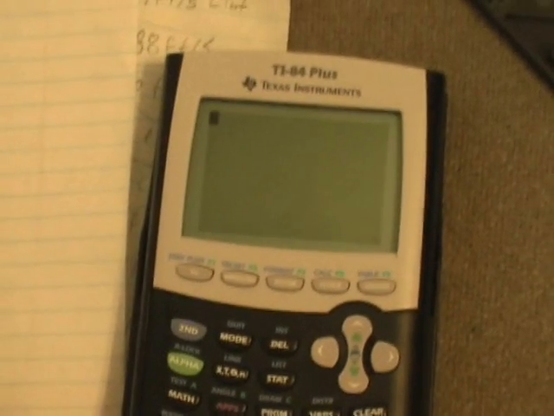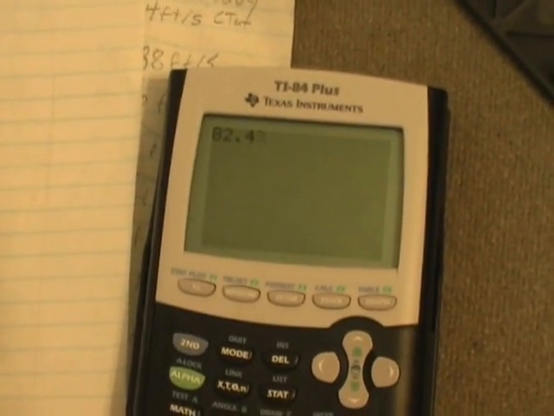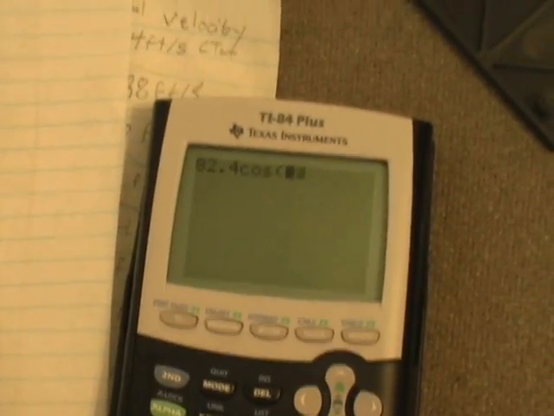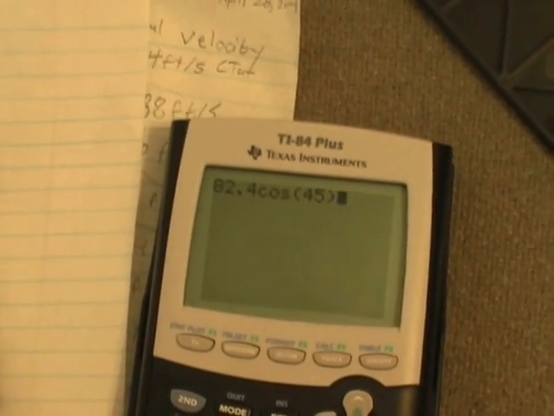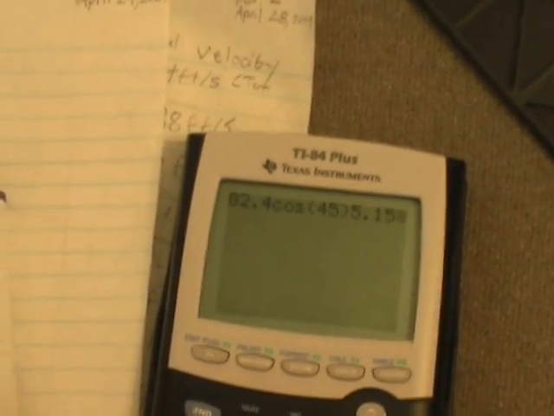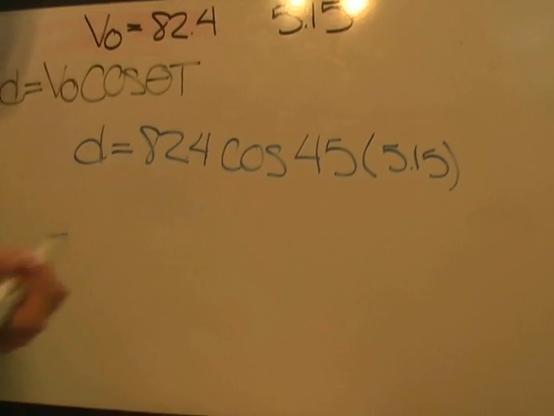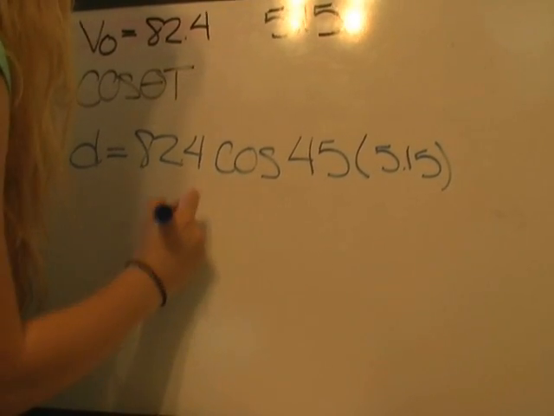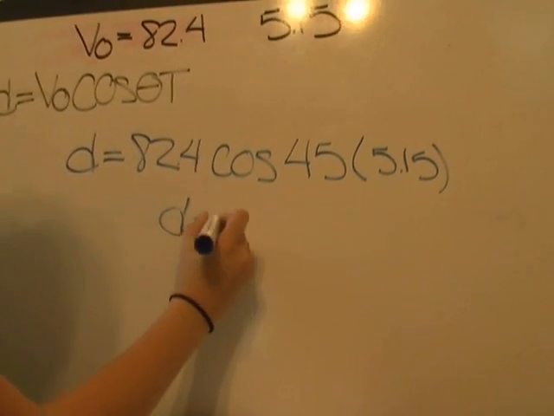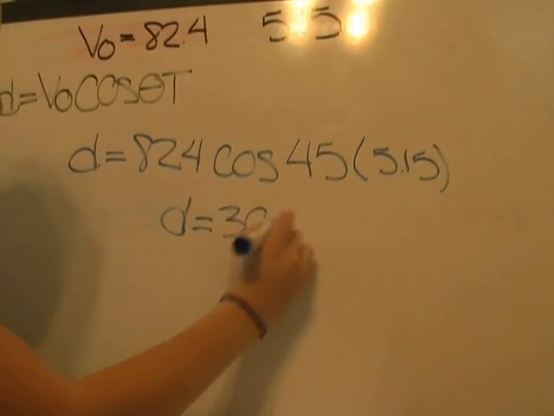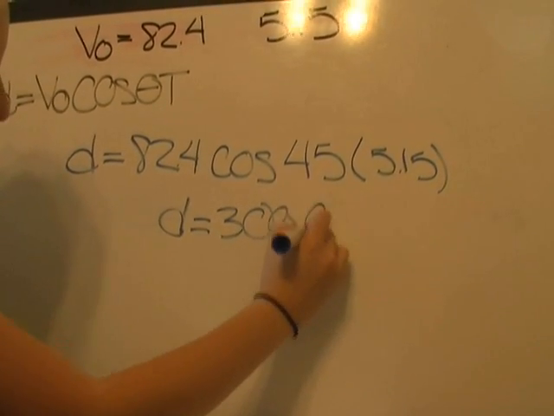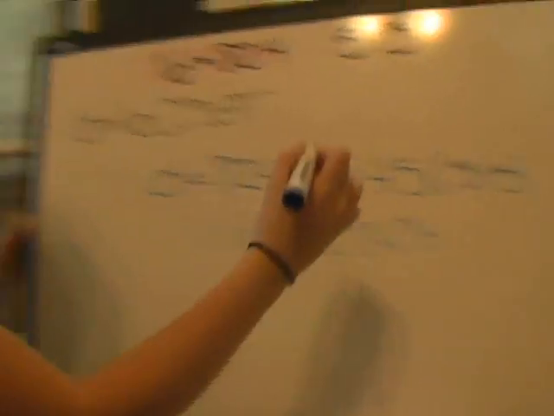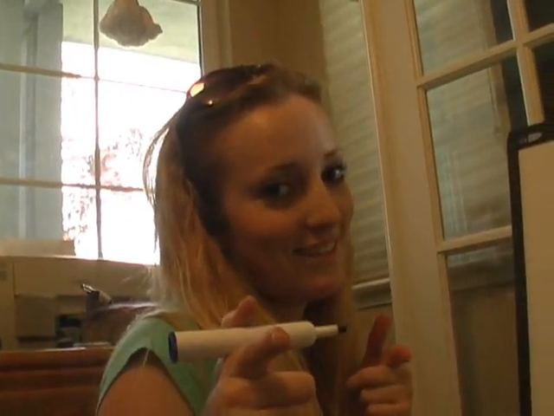In your calculator, you're going to plug in 82.4 cosine 45, parentheses, 5.15 equals, and after you plug it in your calculator, you're going to get d equals 300.06. That's how it's done.